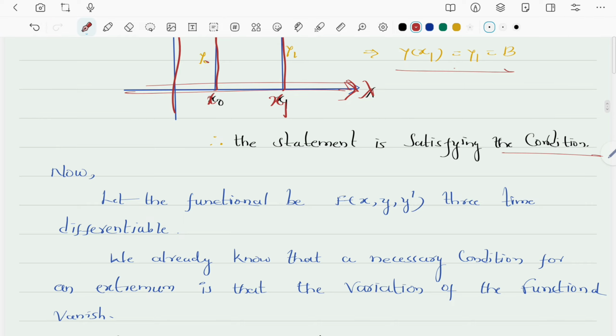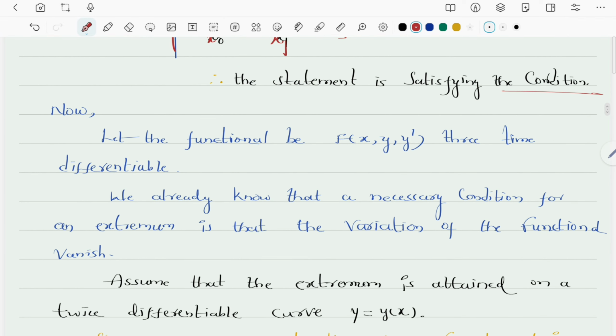Now we see the theorem. Now let the functional f of x comma y dash be 3 times differentiable.